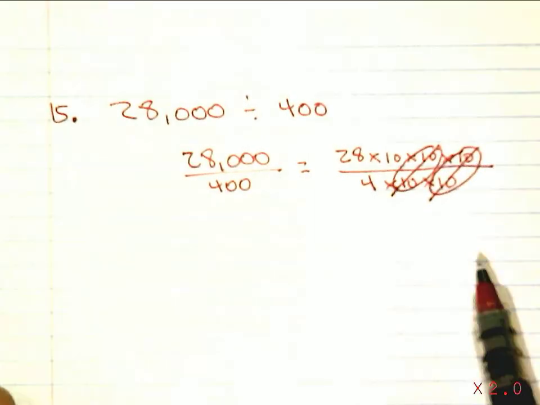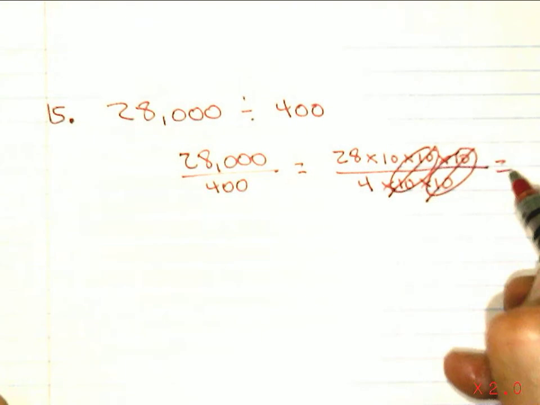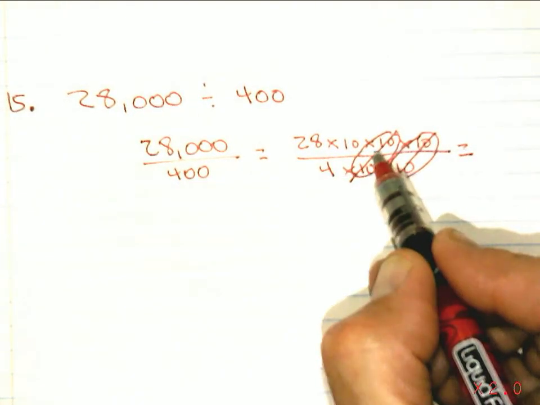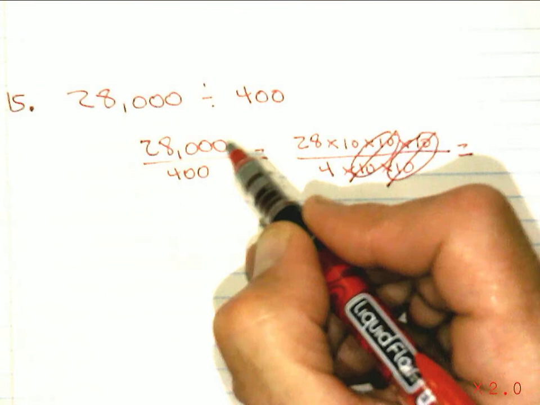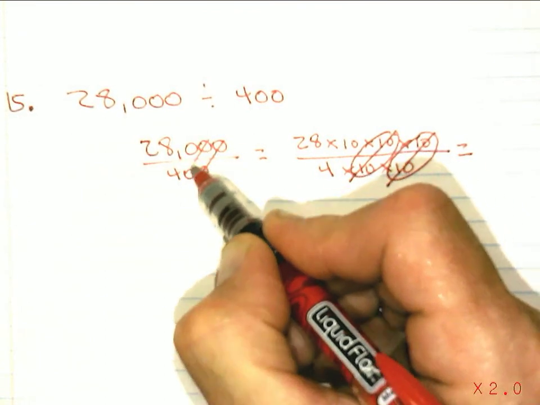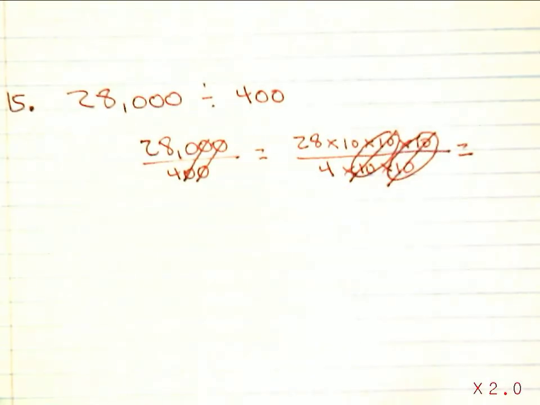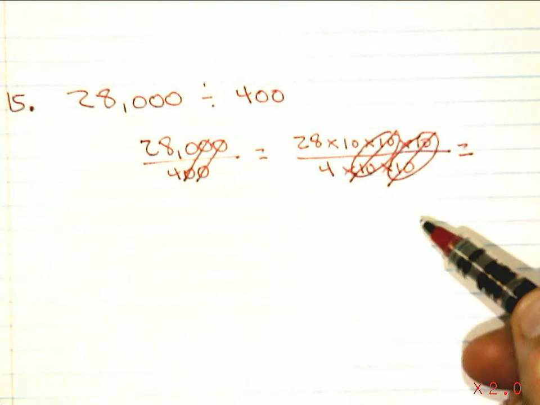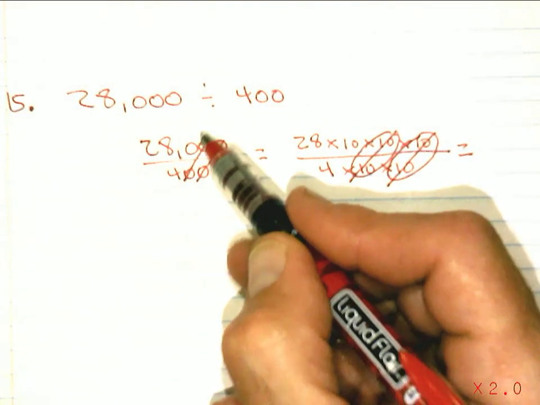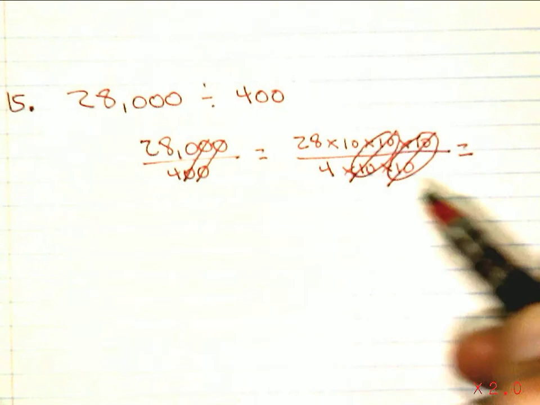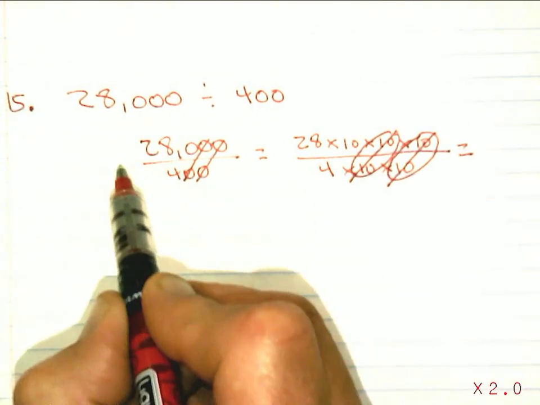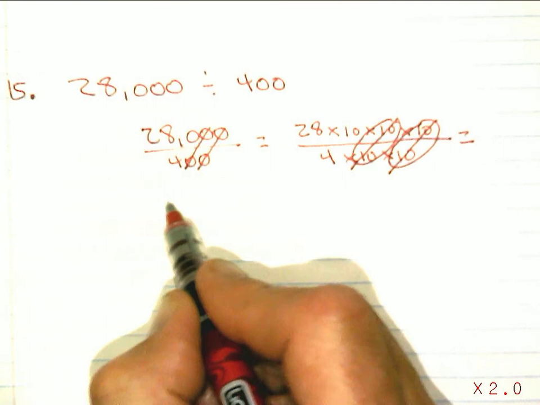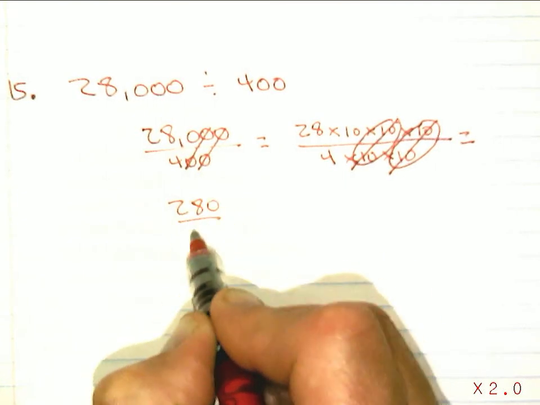And so really what I have when I'm done with this problem is 28 times 10 divided by 4, because all of these hundreds will actually cancel or become times 1. 10 divided by 10 is 1, so we have these times 1, and anything times 1 is itself. So really I could have simplified this problem down to 280 divided by 4.